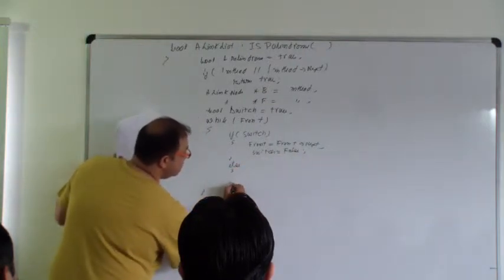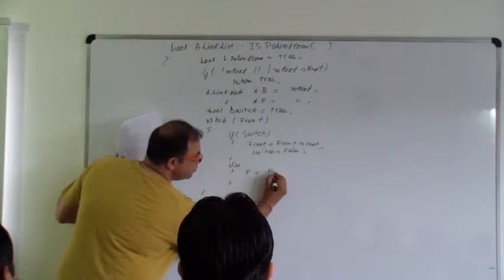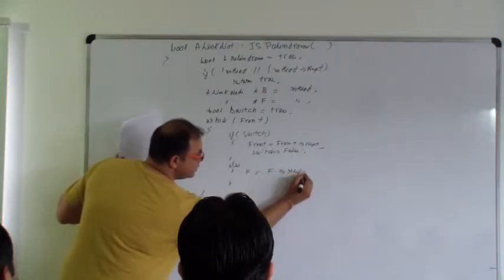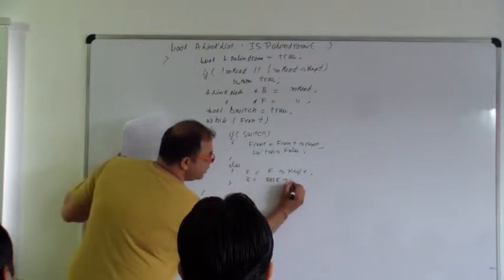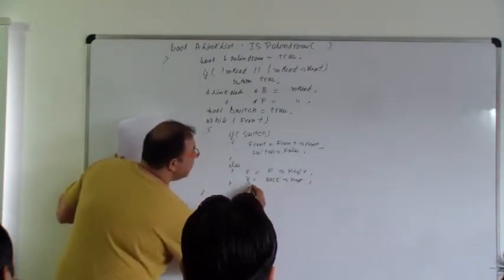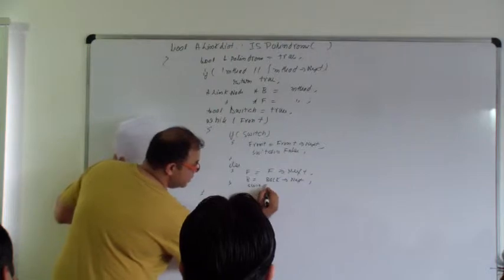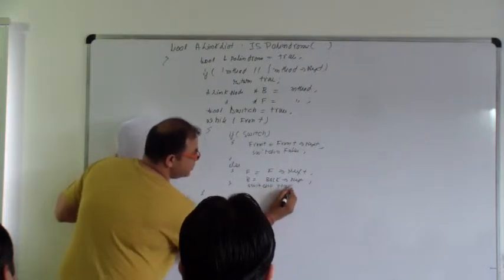Else we will move front is equal to front arrow next, back is equal to back arrow next, and switch is equal to true.